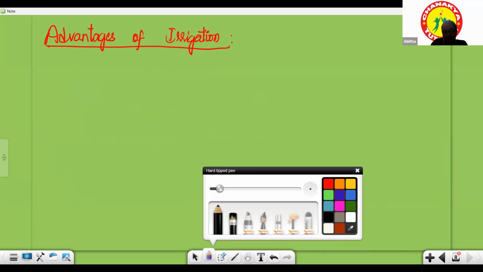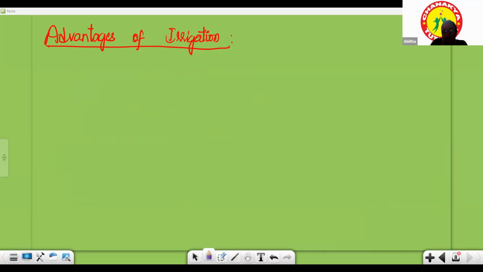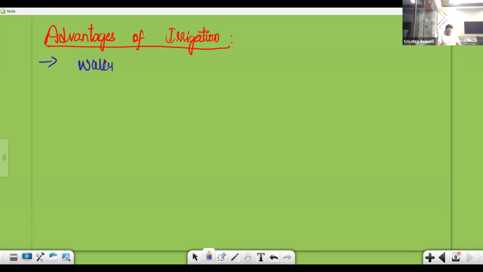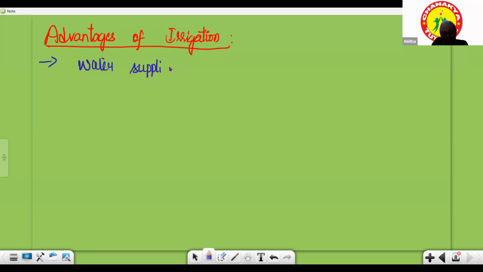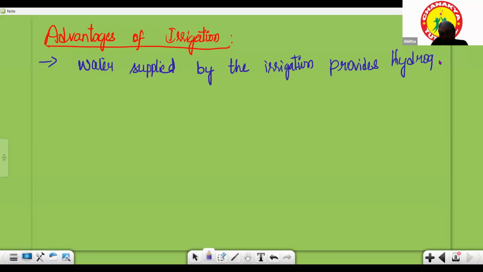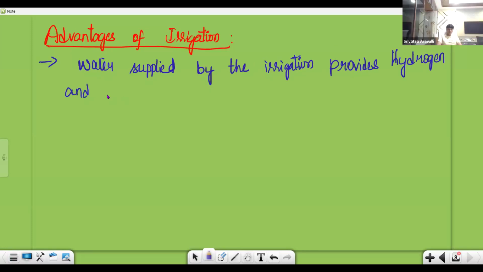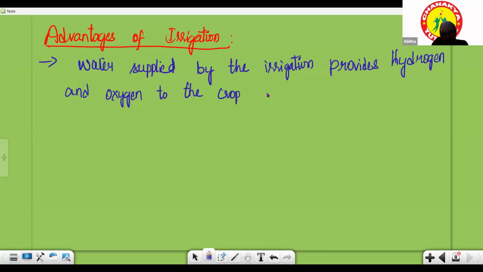The first advantage we can say is, water supplied by irrigation provides hydrogen and oxygen to the crop plants.